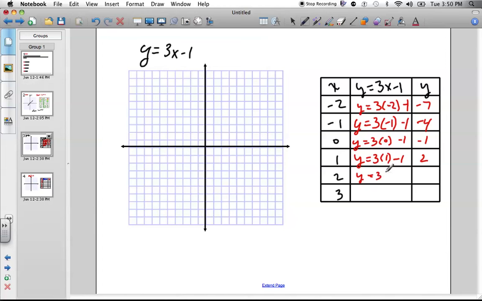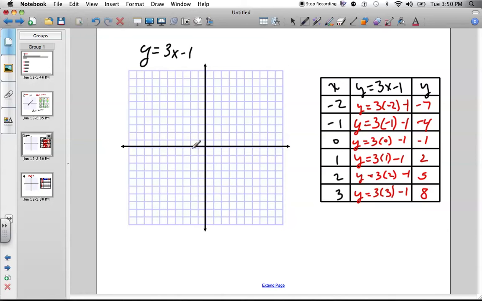When we put in 2 for x, 3 times 2 is 6, 6 minus 1, 5. And y equals 3 times 3, which is 9, minus 1 is 8. Again, you have a set of ordered pairs now, -2, -7.